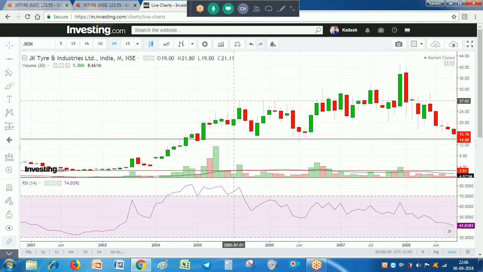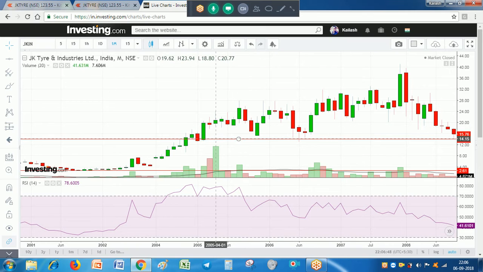So the stock moved up to this level, but it has again given some downward movement, but could not break this level of 14, friends. You could see in this month it just went below, but the monthly candle closed above that level of 13, 14. So this time the stock has taken a strong support at this level.